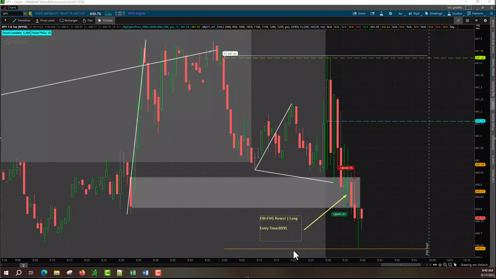We have a sell side liquidity raid, and then buy side liquidity. It dropped right there. You see the low right there. Anyway, let's just take a screenshot for now.